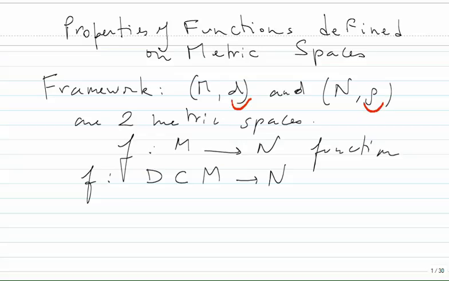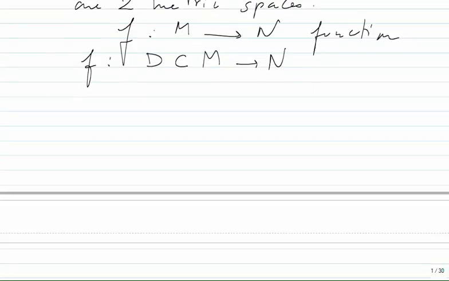As we defined the limit in the real case, let us also define the limit in this case.